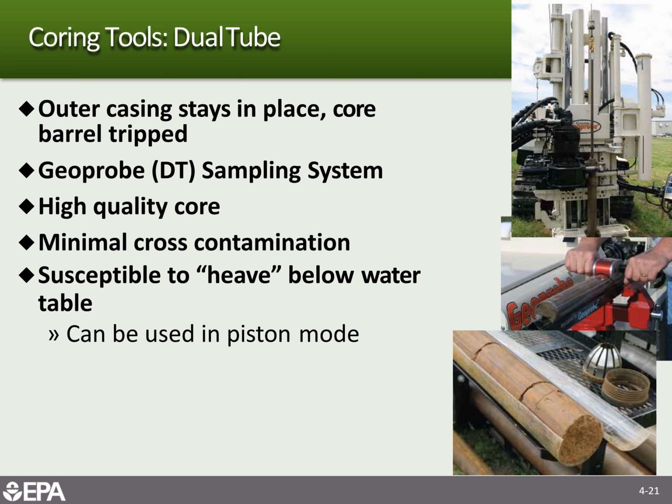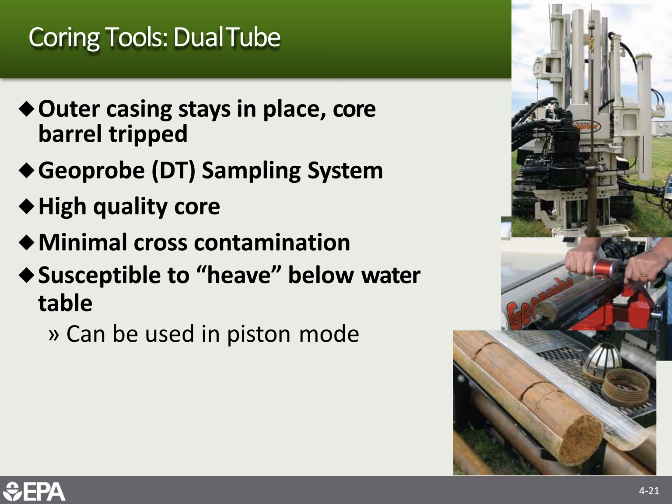The dual coring, I think, is probably a better way to go these days. You put in an outer casing which stays in place, and then the core barrel is tripped in and out of the hole.